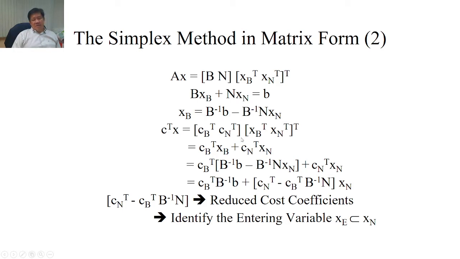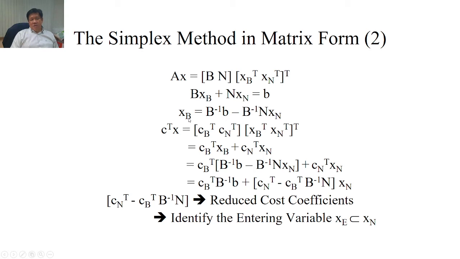And then you can expand c transpose x by separating x sub b and x sub n, using a similar idea. When you apply it to c times x, you get c sub b transpose x sub b plus c sub n transpose x sub n, and then you substitute x sub b in terms of x sub n using this relationship.